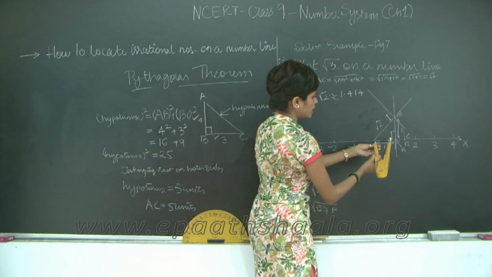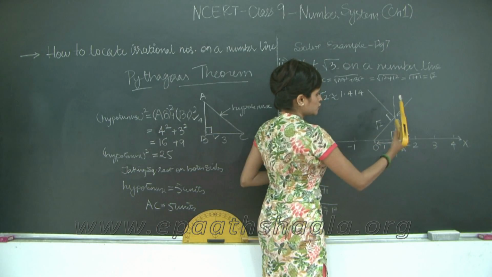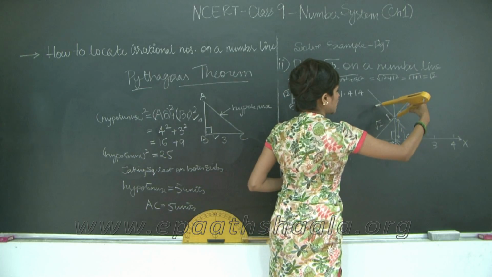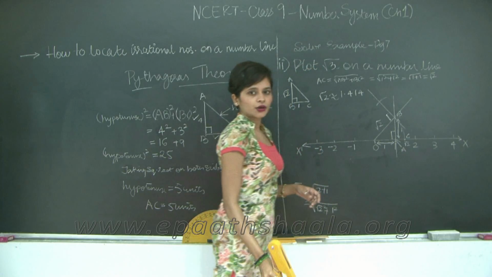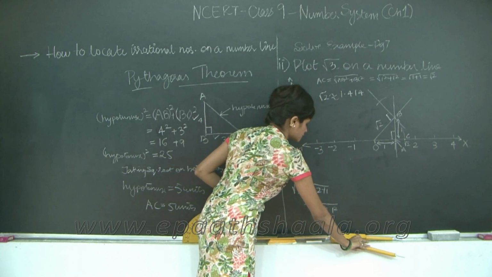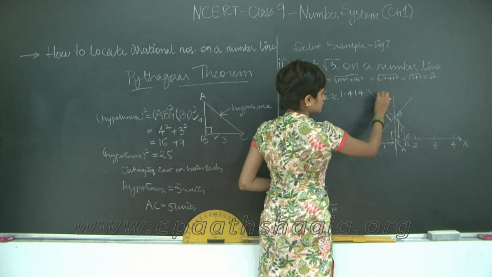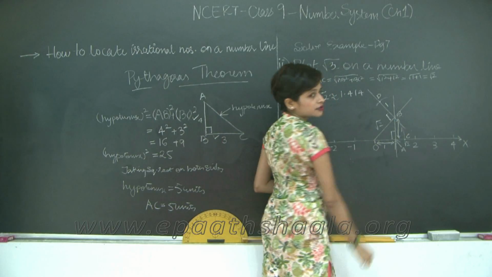We measured OA as 1 unit, right? So with B as my center, on this perpendicular line, I am going to cut 1 unit, right? So this length, let's say D, BD is 1 unit.